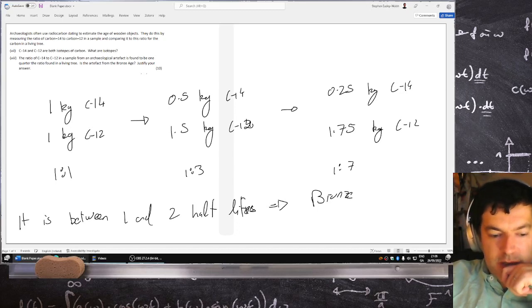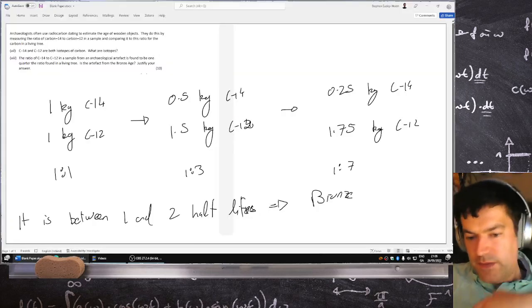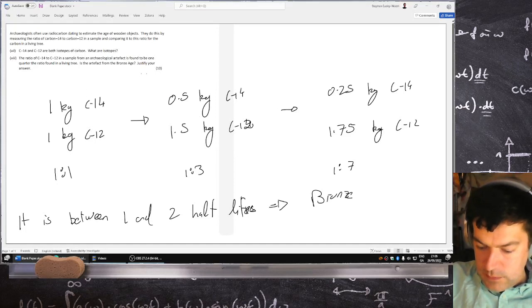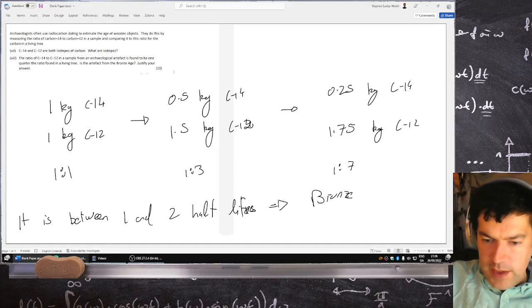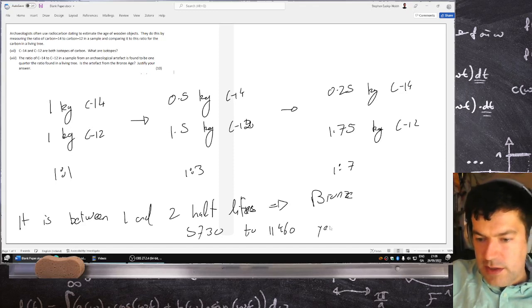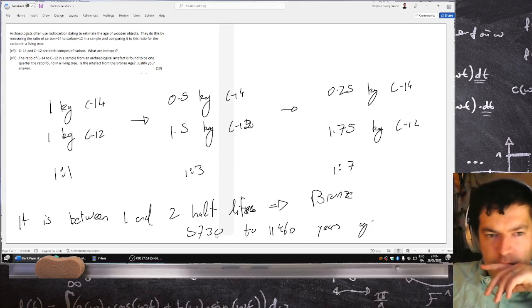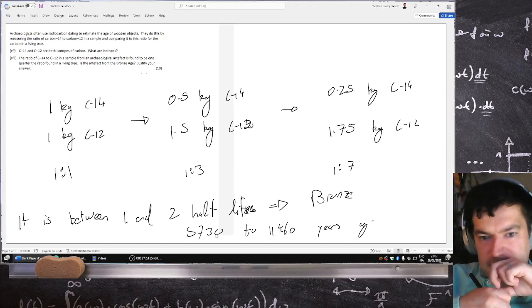So that's 5730 to 11460 years ago. But it'd be nearer to the 5730. I wonder if we've calculated exactly, because I feel like the maths would be a little bit tricky to calculate.